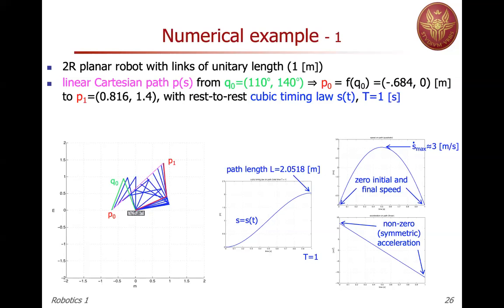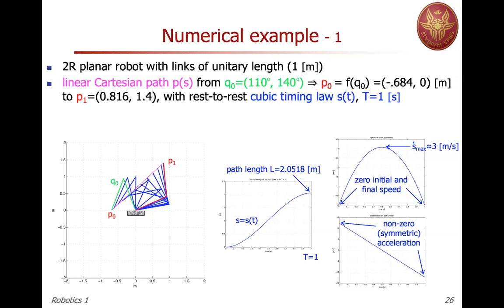Remember that in the interval 0 to capital T, so 0 to 1 second, excluding the boundary, you have continuity up to the acceleration. While you have a discontinuity, because everything was at rest before, so even the acceleration was 0, to a value which is about 12, I would say, at the initial time, and at the final time, you jump from -12 to 0 again.